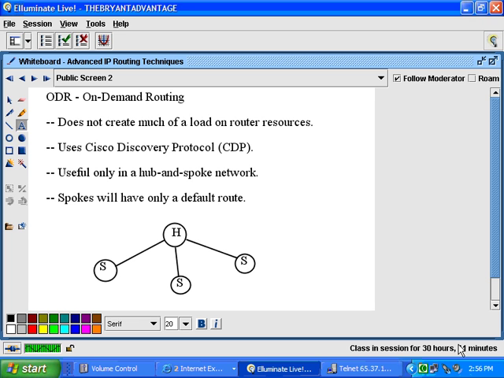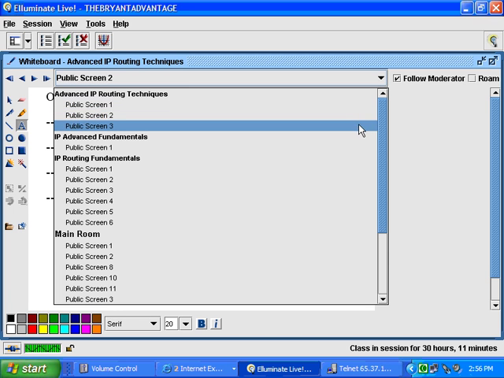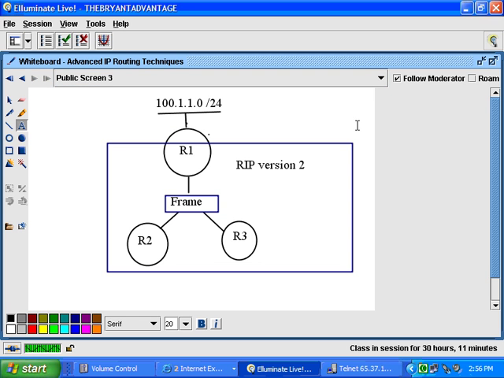This can get confusing and a little bit frustrating, so we're going to take quite an in-depth look here at the different ways to propagate default routes. And what we're going to do first, this is going to be the network setup that we use for this particular example. Routers 1, 2, and 3 over the frame network 172.12.123.0 are running RIP version 2.